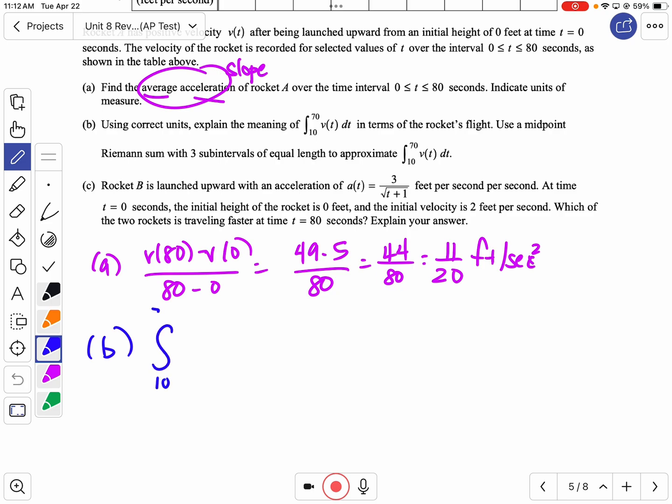The integral from 10 to 70 of v of t dt, all right? What's this going to tell me?